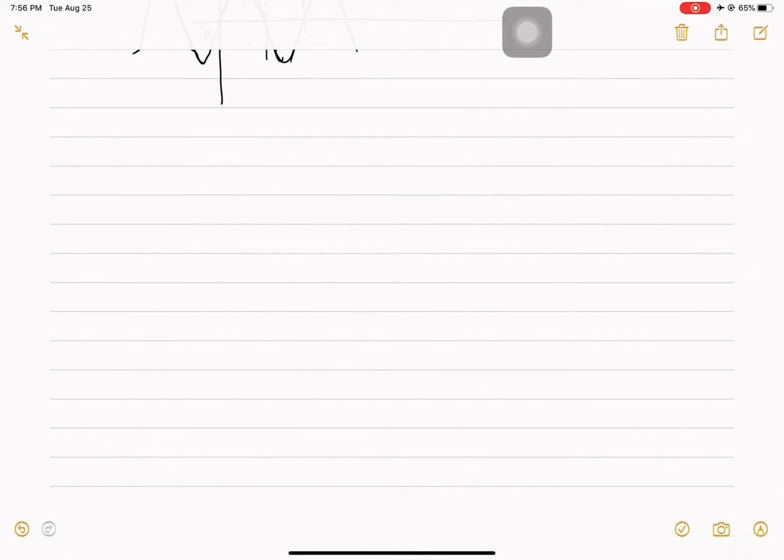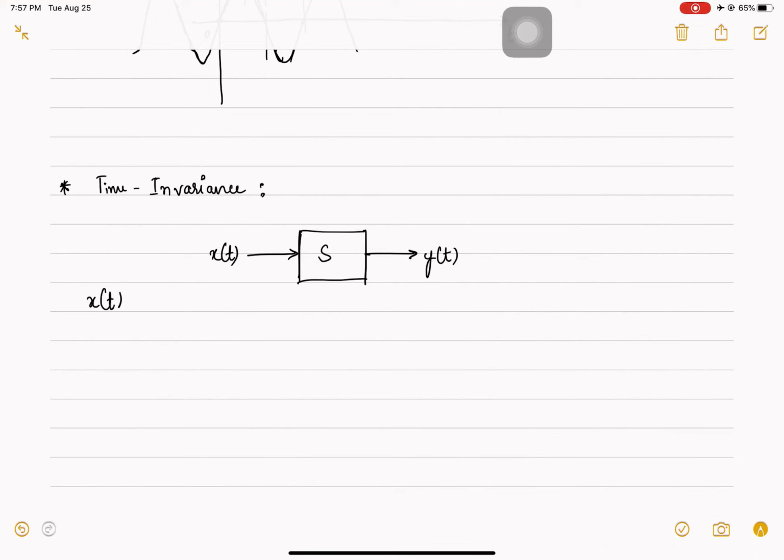To define time invariance, we'll take a system S. I feed x of t and note down what the output y of t is. In shorthand notation, my system S takes the input x of t and gives rise to the output y of t.